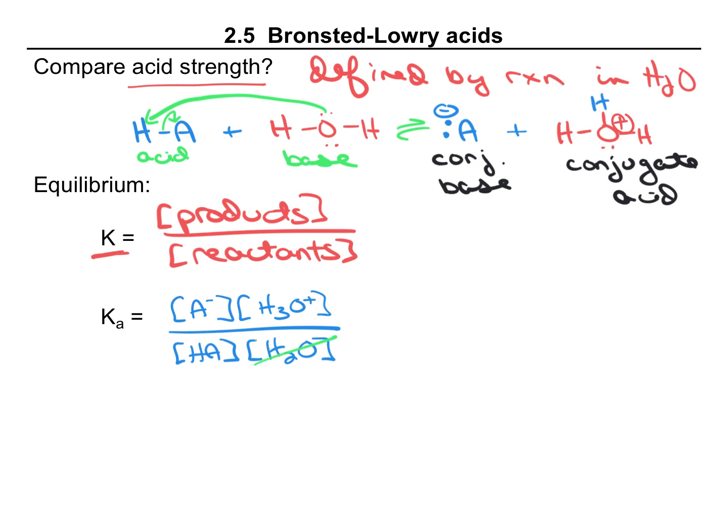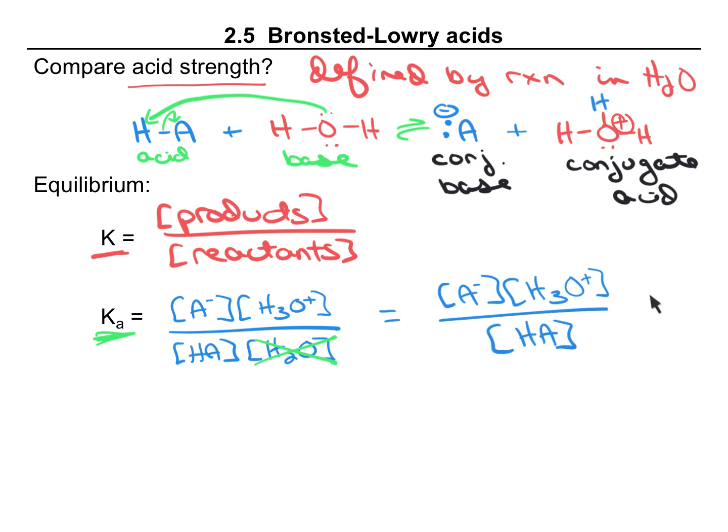So we do not include the concentration of the solvent because that would be incorporated into the Ka, into the equilibrium constant. So that means that what we have for the Ka is concentration of A minus times the concentration of H3O plus divided by the concentration of HA. So this is the term for the acid dissociation.